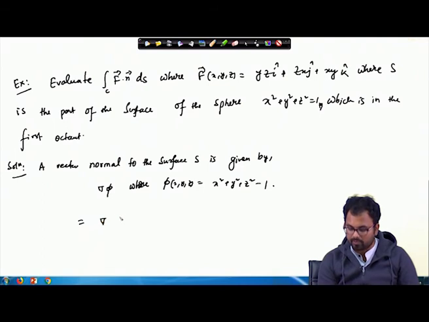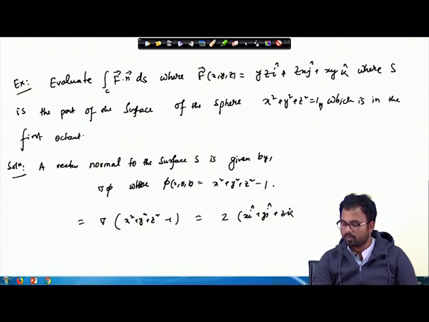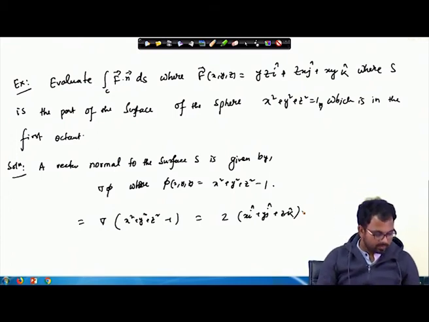So, grad of x square plus y square plus z square minus 1 is basically 2 times x i plus y j plus z k. All right. So, we take the gradient and that is what we obtain.